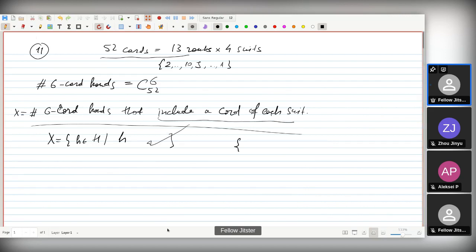Something like that, say, 2 of hearts, jack of diamonds, ace of spades, and say queen of diamonds.